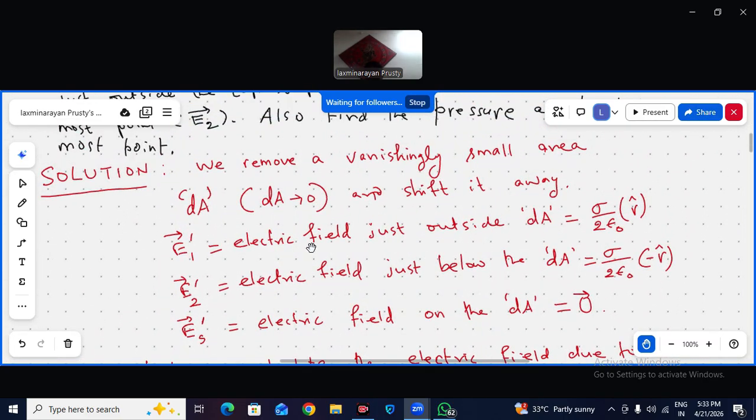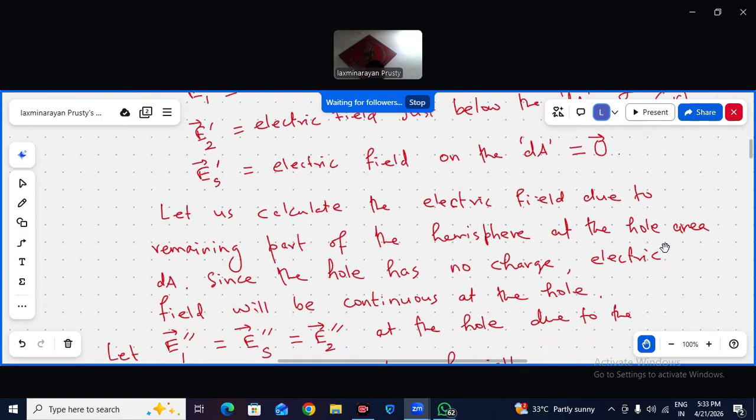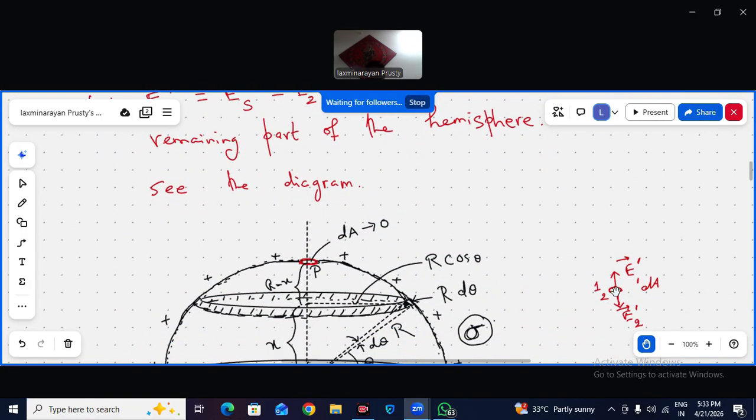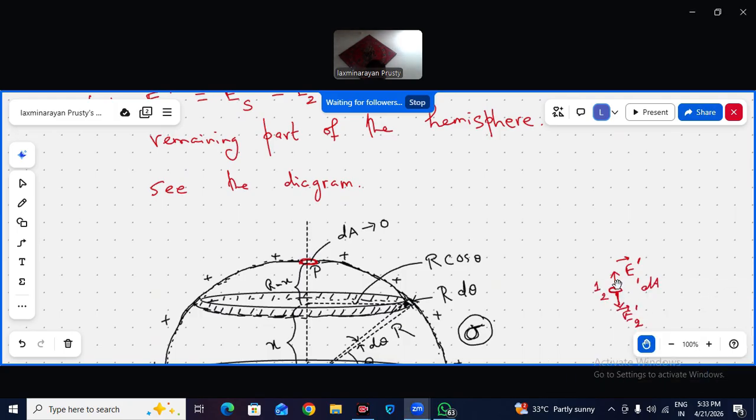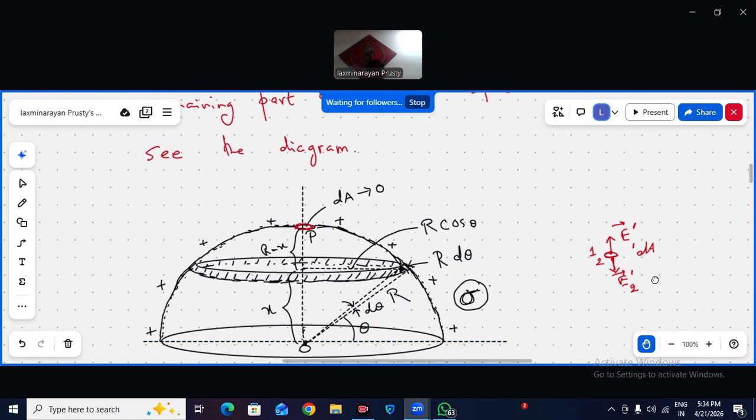Okay. E1 dash bar. E1 dash bar means electric field just outside dA with sigma by 2 epsilon 0 r cap, just outside E1. E2 just below point of dA. That is same, E2 bar.